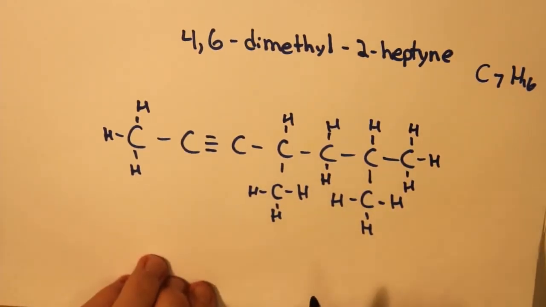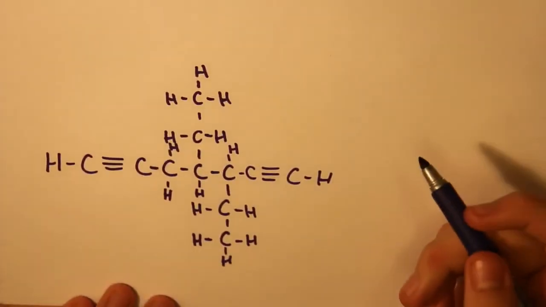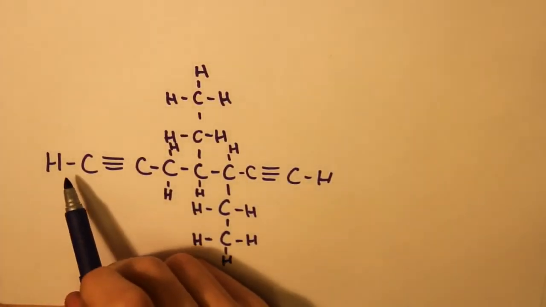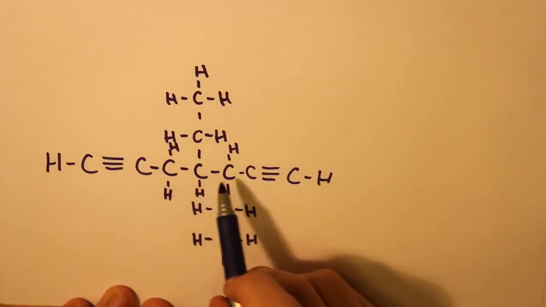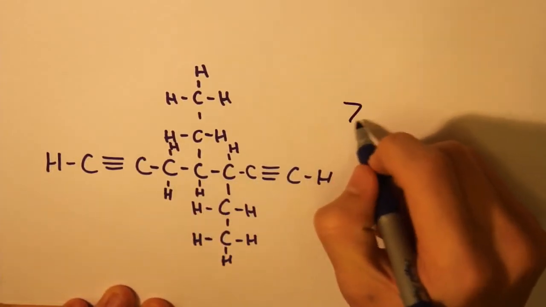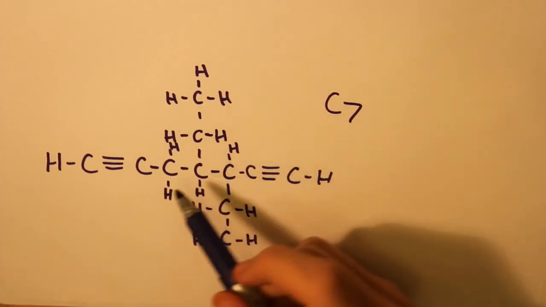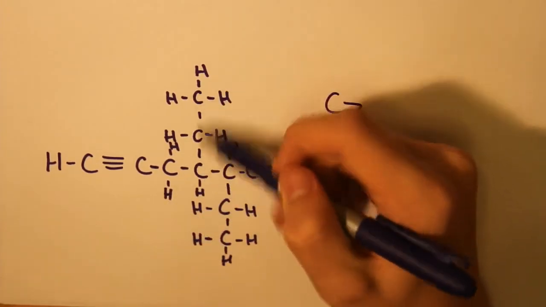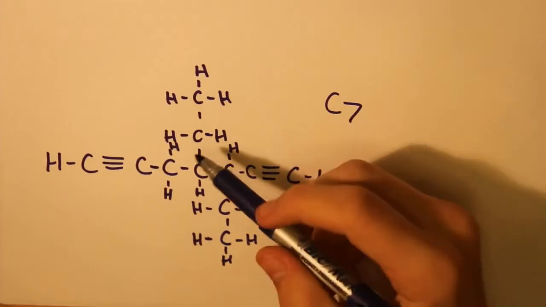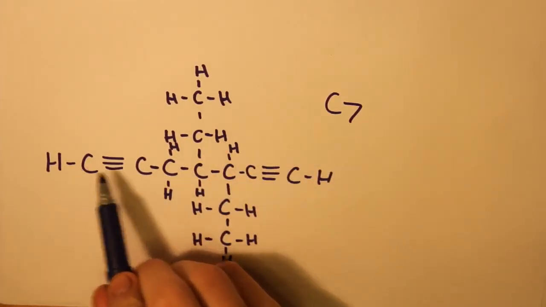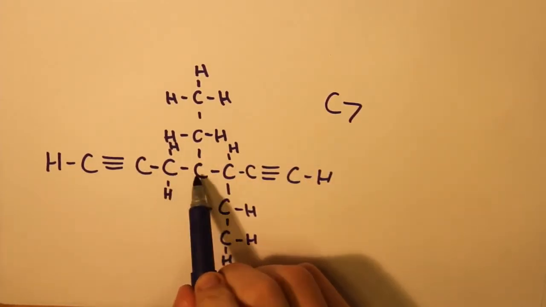So now we're going to look at a different one. Now we are going to be naming this. So we'll start off by counting off the C's. So 1, 2, 3, 4, 5, 6, 7. 7 C's. Now we're going to look here at this extra thing that slides off. We're going to count along, so 1, 2, 3, 4.